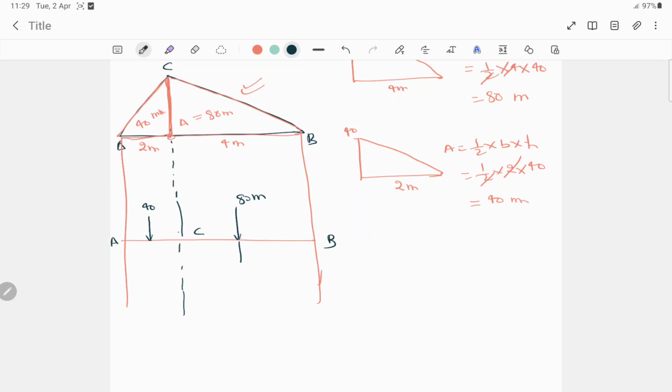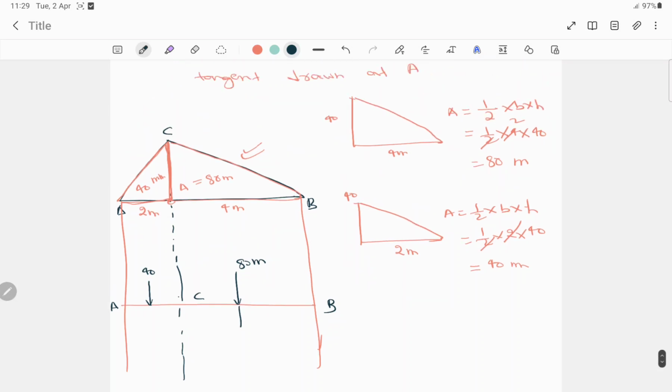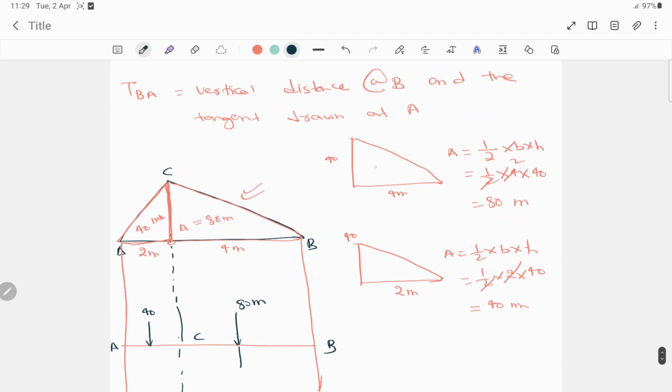To determine the distance, what we know is CG. CG is nothing but the center of gravity. So the center of gravity, if we find from this side, that means it's B, right?